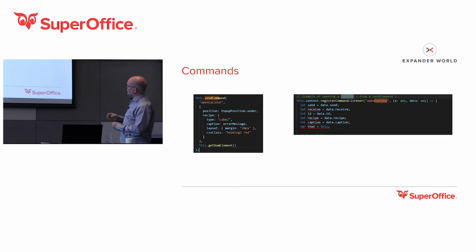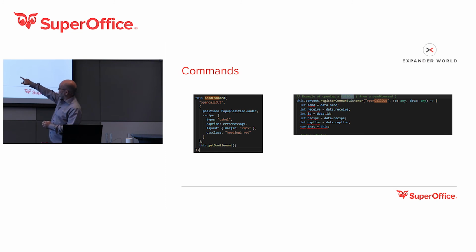This is a command that is registered in the controller base. So every controller has this ability to react on that command. And what it does is, you can send the command. You can typically put this on a button. You can say send command open callout.